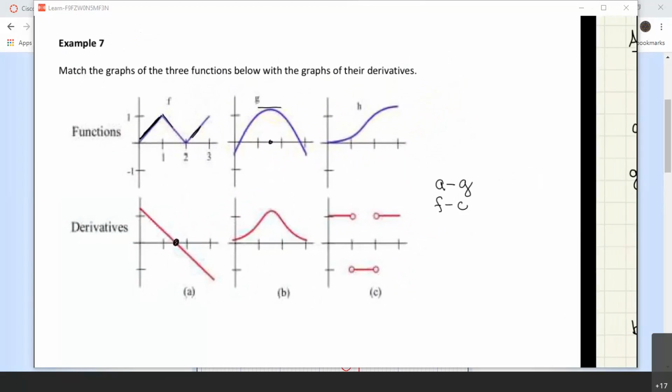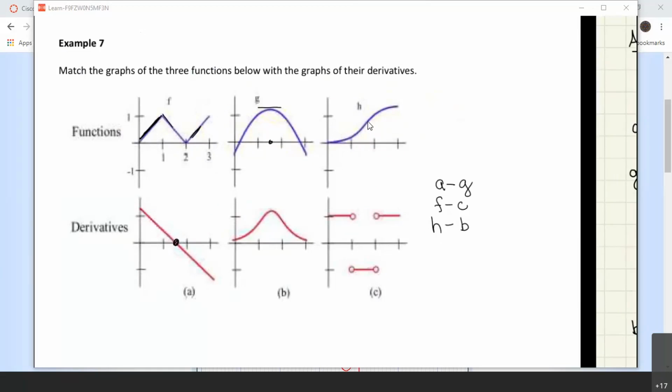Okay, the other choice is G and B. Let's take a look. Not G, my bad. It would be H and B. So you can see we have a positive slope that gets steeper.